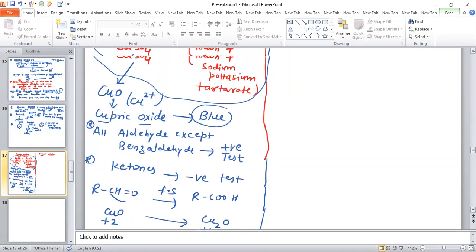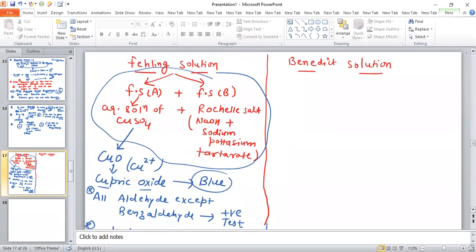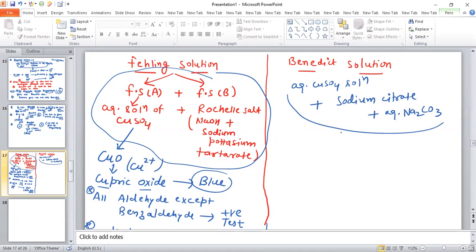The same possibility is there in case of Benedict solution also. In Benedict solution, there is aqueous copper sulfate solution plus sodium citrate, and plus aqueous Na2CO3, and again this will provide Cu2+.